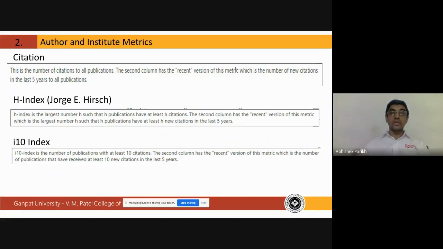Answer is yes, because I have 3 articles having citations 7, 6 and 5 respectively. Hence, all 3 articles have 3 or more citations. So I have 3 articles with more than 3 citations. Hence, my H index is 3. Are we clear with this concept?